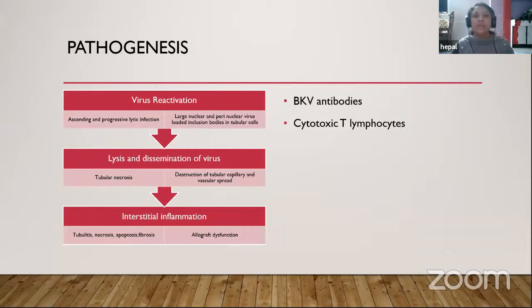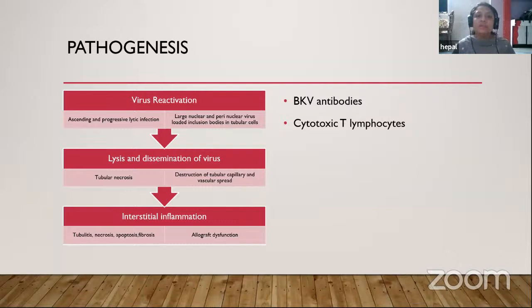There are large nuclear and perinuclear virus-loaded inclusion bodies in the tubular cells of the kidney. The lysis of these cells causes dissemination of the virus, and when the peritubular capillary is damaged, it leads to hematogenous spread, and that is how BKV viremia happens, and that causes interstitial inflammation.